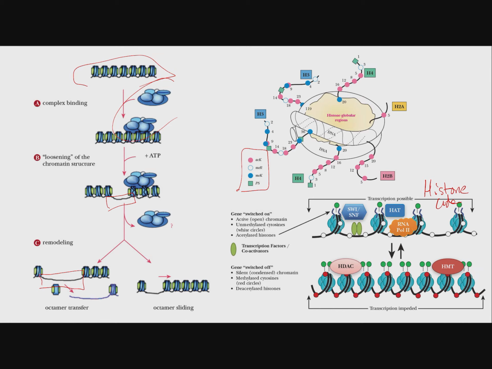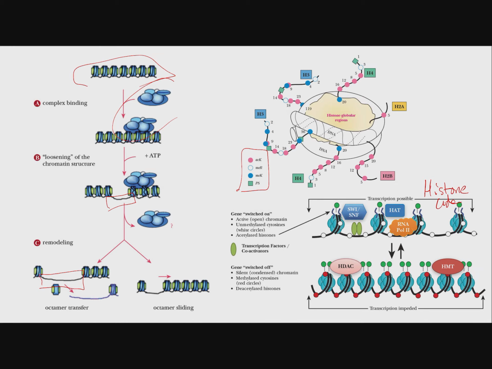There are many factors involved in the switch between active transcription and inactive genes. Obviously transcription is active, and when it's not transcribing, it's inactive. Histone remodeling complexes are present, and some nucleotides can get phosphorylated, which look like the little green lollipops here.